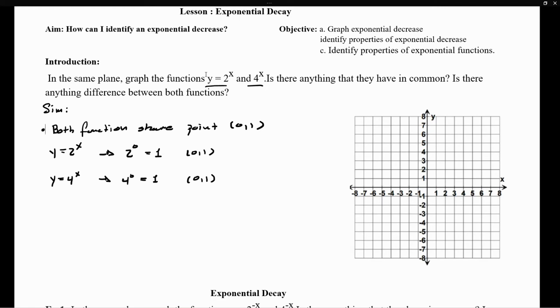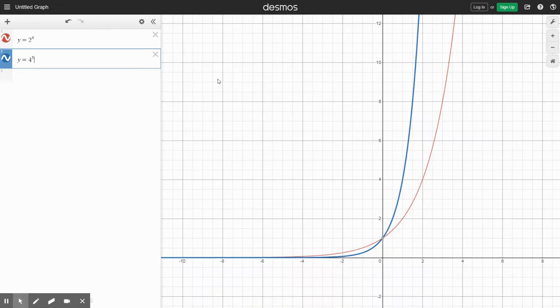Now, what's another similarity that these two functions have in common? We already discussed that they both intersect at this point. But another similarity is that both functions seem to be increasing in value. If you take a look at the red function, as we move to the right-hand side, the function increases, and the same goes for the blue.